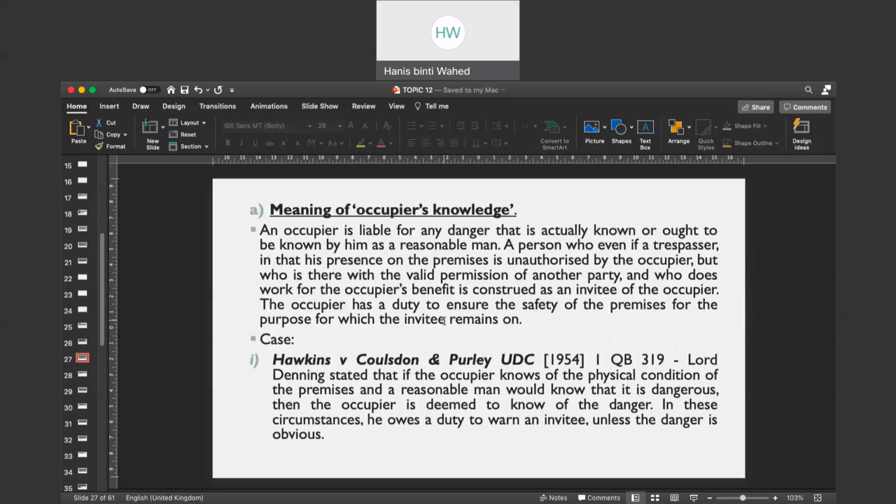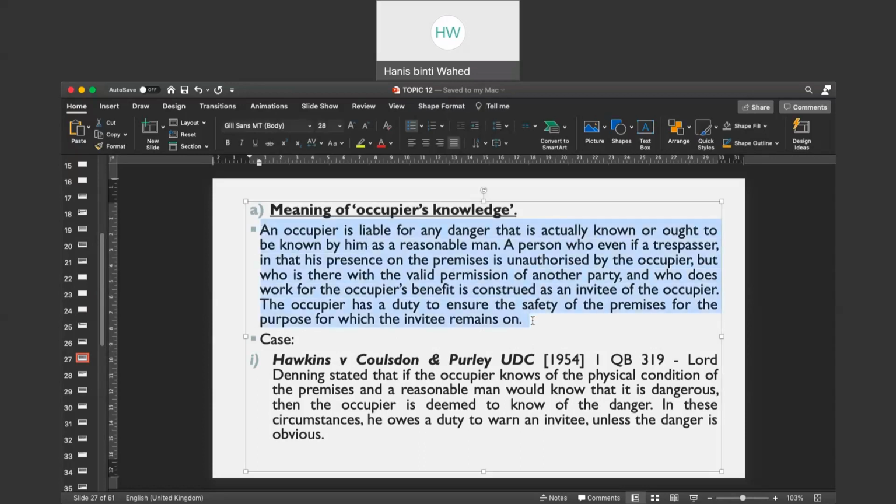The first factor is basically the occupier's knowledge. The court will consider whether the occupier knows or ought to know about the existence of the danger in the premises.